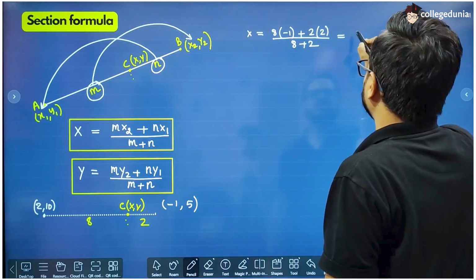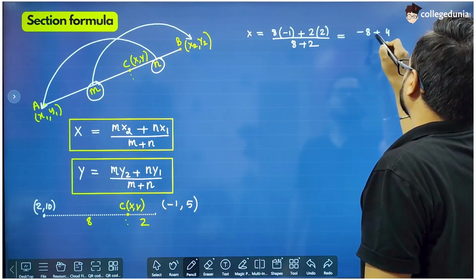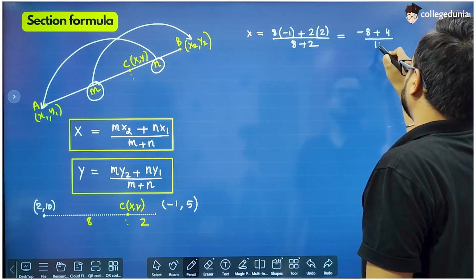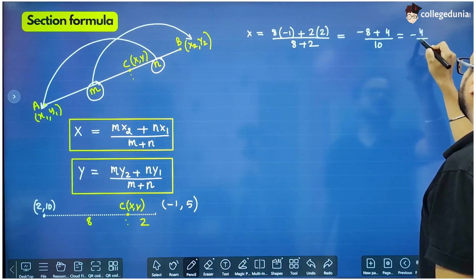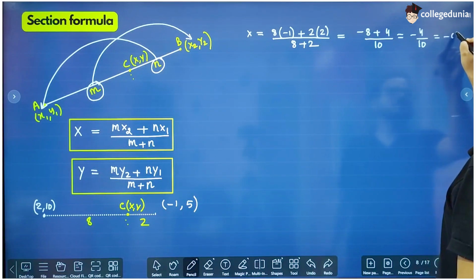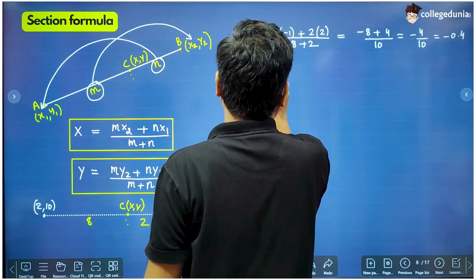So this is -8 plus 4 divided by 10, that is -4 by 10 or -0.4.